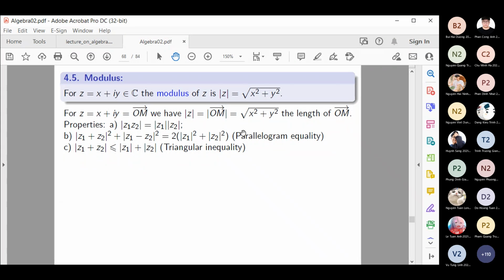Can you recognize this equality? And you know the reason why we call it the parallelogram equality. Okay, I draw a picture here. So let's go to the whiteboard. I share the whiteboard again.